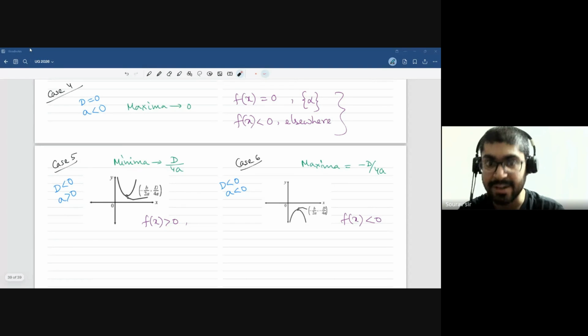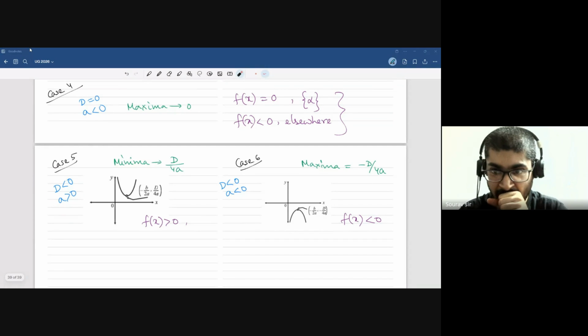That is the location. And the value among the 6 cases that we did, in 5 of those the value is minus D by 4a. In one case it is D by 4a. Even if you put minus D by 4a everywhere, you will get case 5 correct because there D is less than 0 anyway.